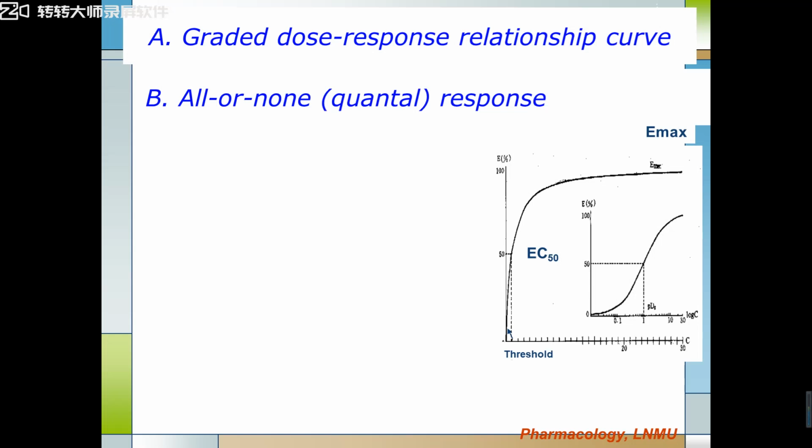For example, to test either presence or absence of hypnosis for sedative-hypnotics is a case in point. For another example, we can use negative or positive to explain all-or-none response.